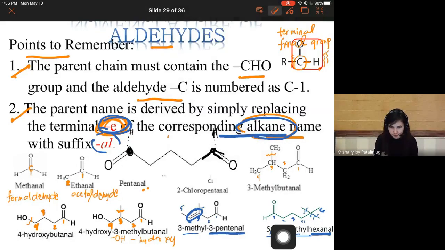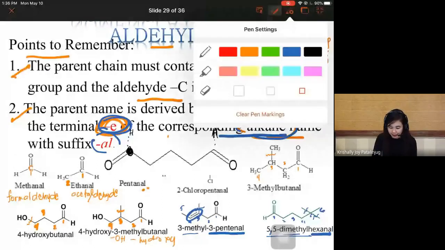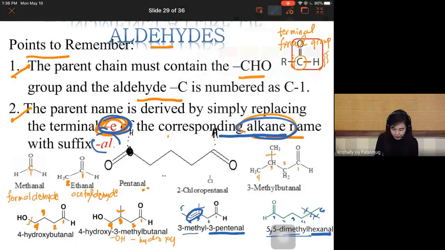CO, then a terminal H. So there are two aldehyde groups in one structure, so you have to use the suffix dial. You have to use the suffix for the ending, al. So dial.